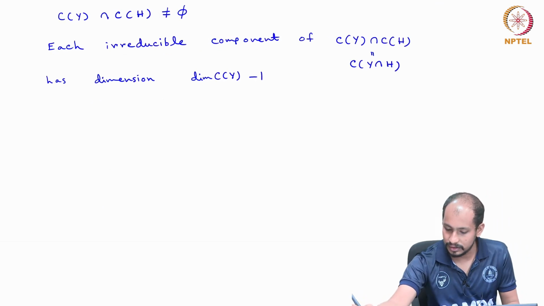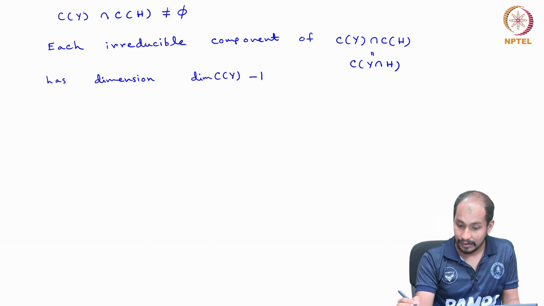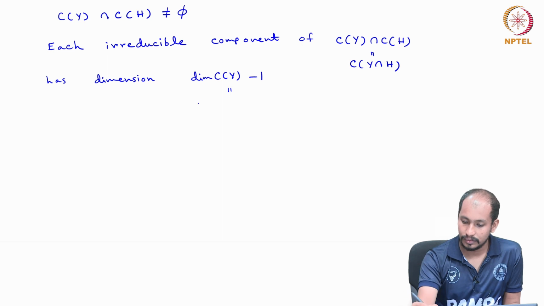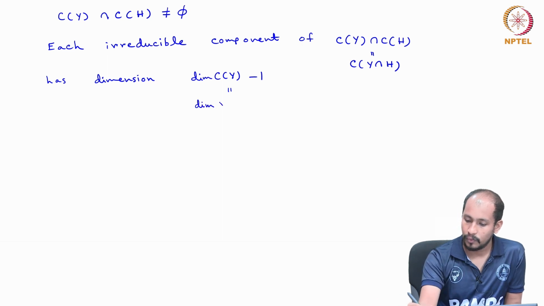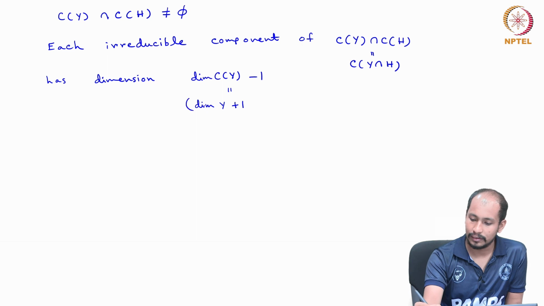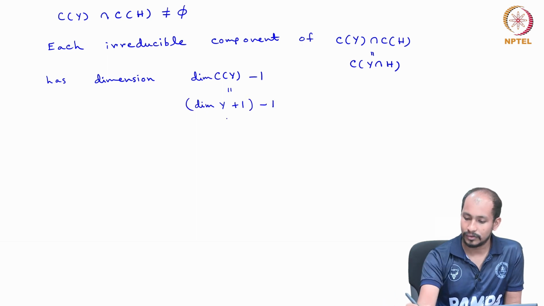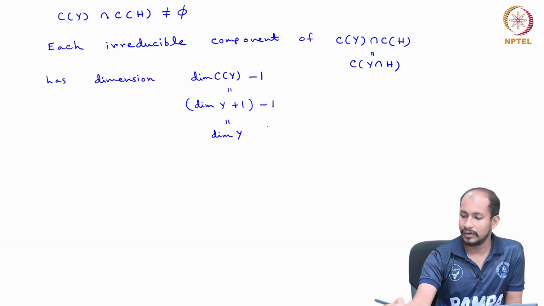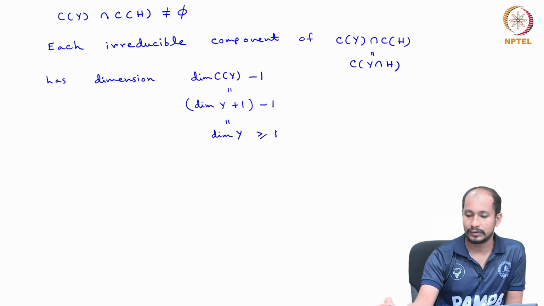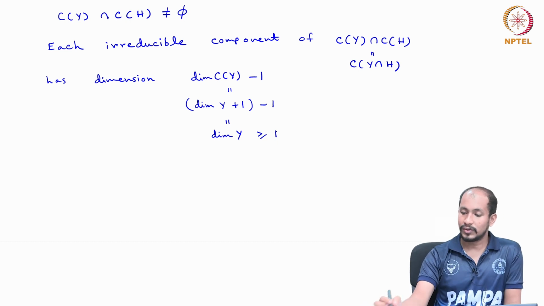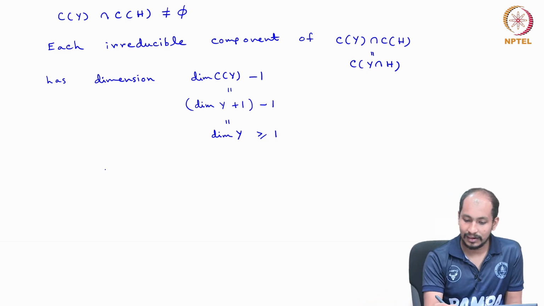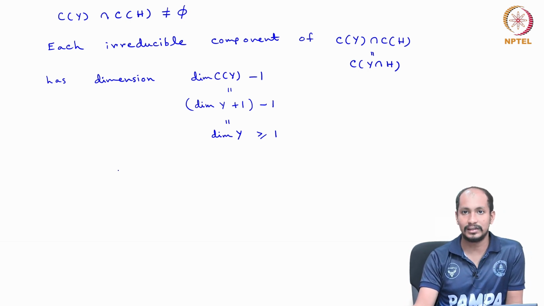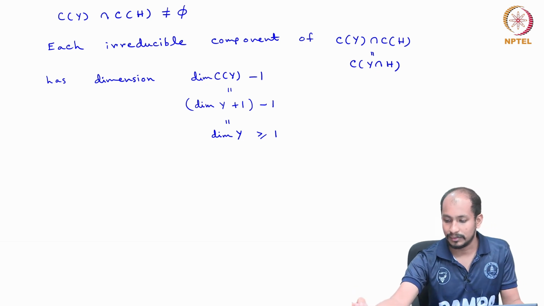The dimension of CY minus 1 is the dimension of Y plus 1 minus 1, which is equal to the dimension of Y. Now, we assume the dimension of Y is at least 1, so it is greater or equal to 1. So the dimension of each irreducible component of CY intersection H is at least 1.